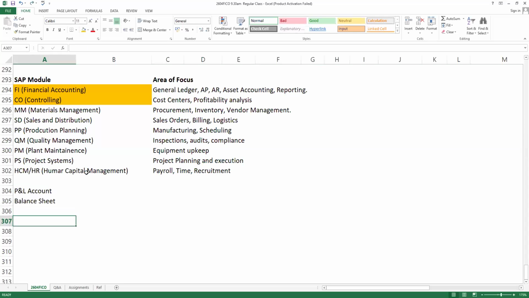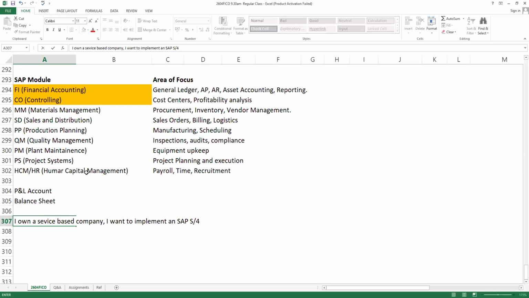Clear with the modules? Now, I own a service-based company. I want to implement an ERP. I want to implement SAP S/4HANA only.